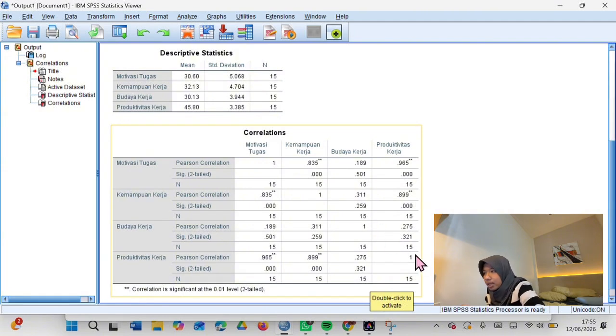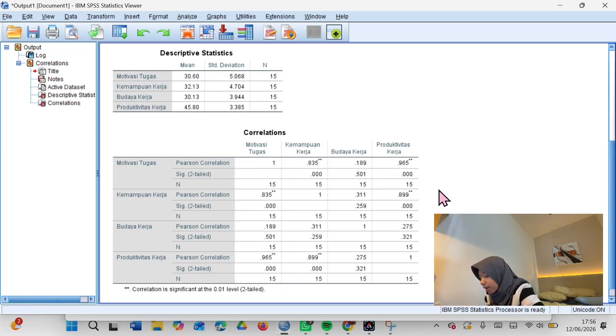Next, the result for Pearson correlation analysis: tax motivation shows a very strong positive relationship with work productivity with a correlation coefficient of 0,965 and a significant value of 0,00.